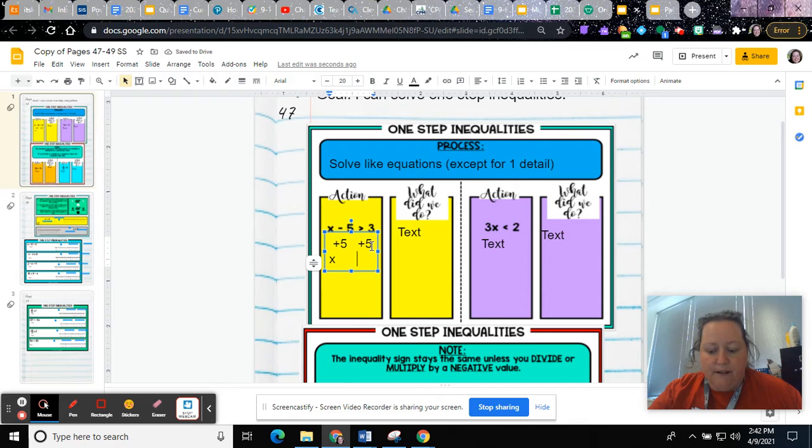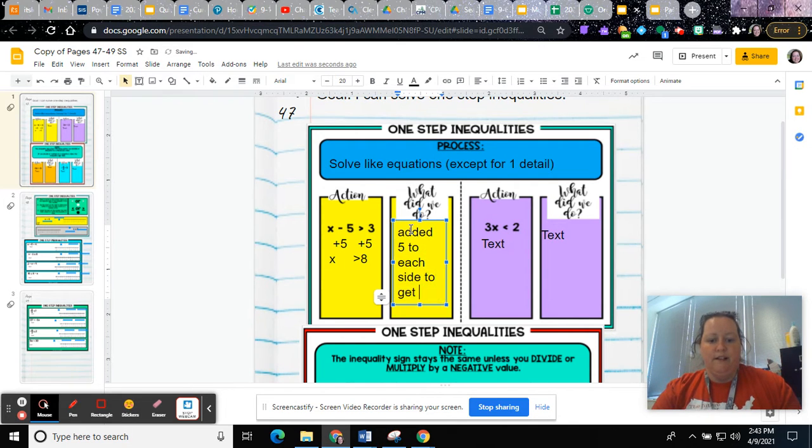It's towards the bottom right of your keyboard on top of the period. So shift, period, and then 3 plus 5 is 8. So this should look just like solving an equation. So what did we do? We added 5 to each side to get the variable by itself.